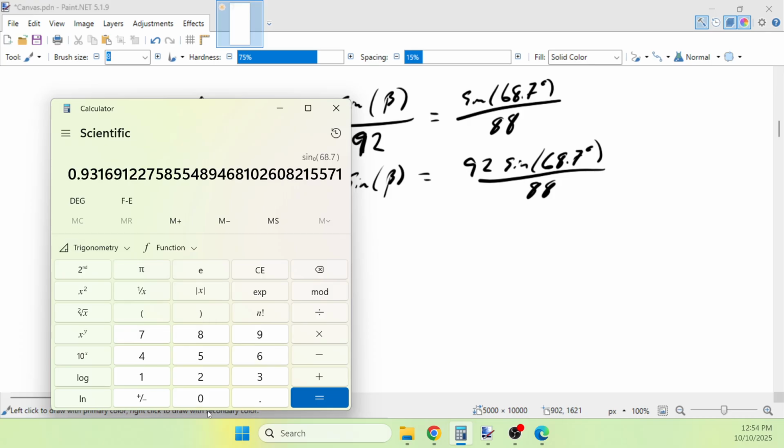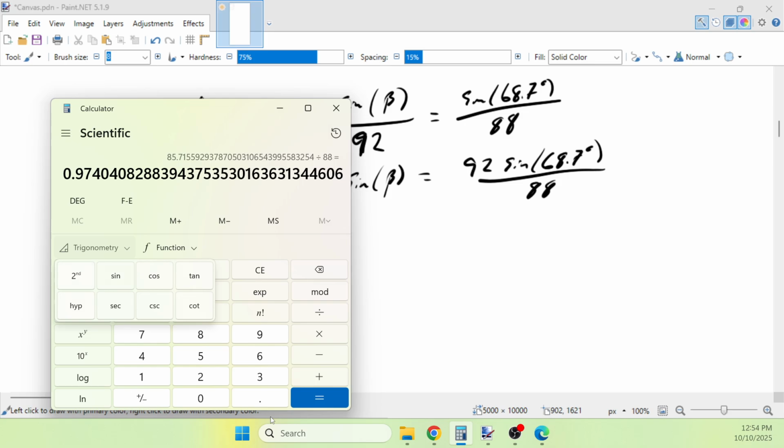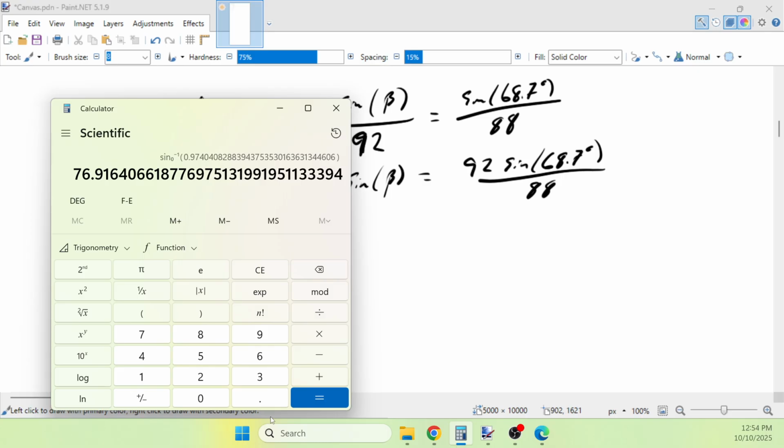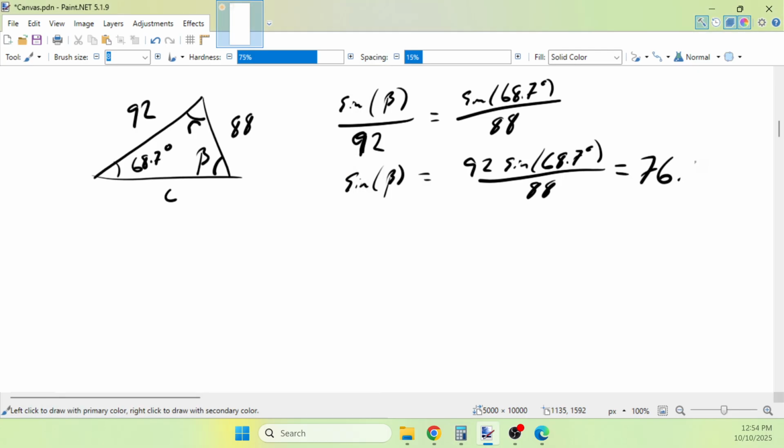Sine of that multiplied by 2 divided by 80 gives us this number, where we're going to do arc sine, 76.9. We do have to round a little.